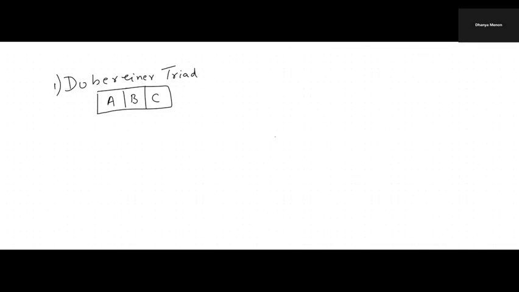Also there was another observation made: the atomic weight of B, the one in the middle, is equal to the mean of the atomic weight of A plus the atomic weight of C, divided by 2. So the atomic weight of B is the mean of the atomic weights of A and C.